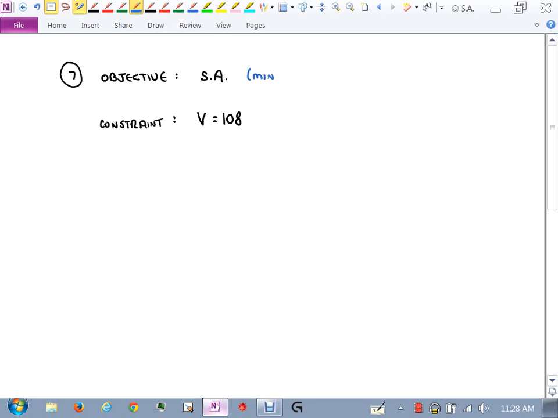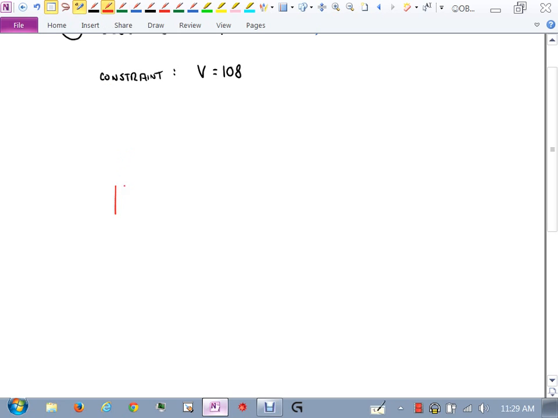We want the minimum surface area constrained to having a box that has a volume of 108. Understand? So we need to come up with formulas for both surface area and volume. So our picture, which you were probably very impressed with. It is pretty good. No, it's actually not that great, but okay.